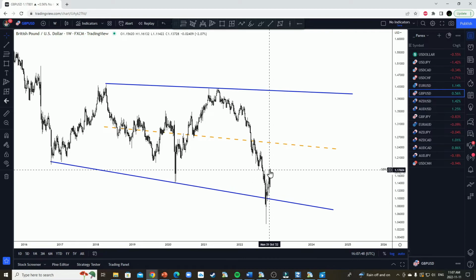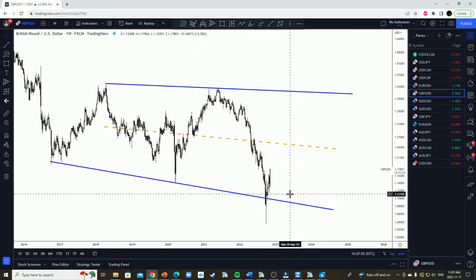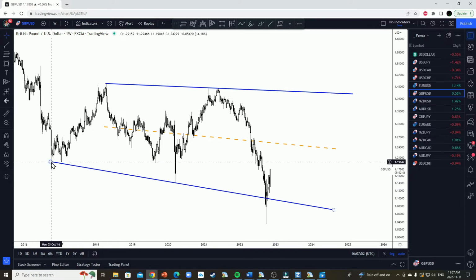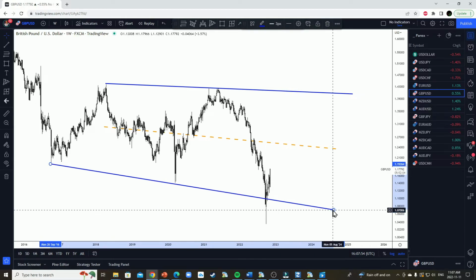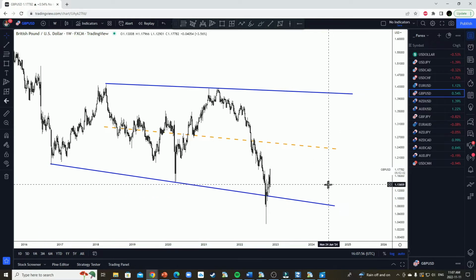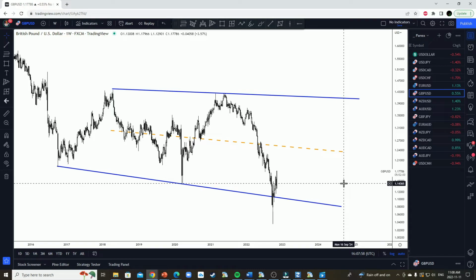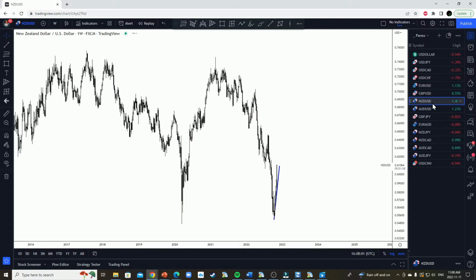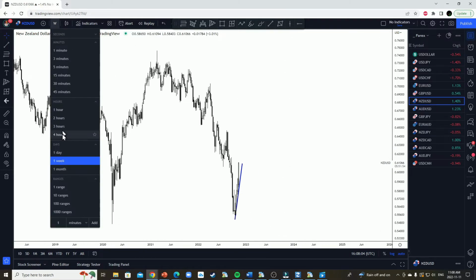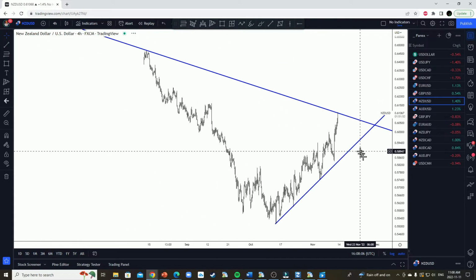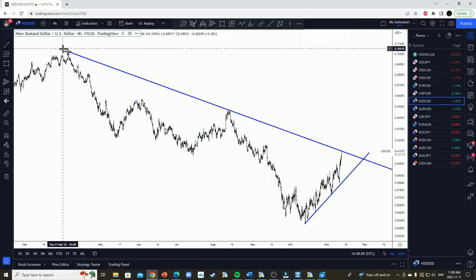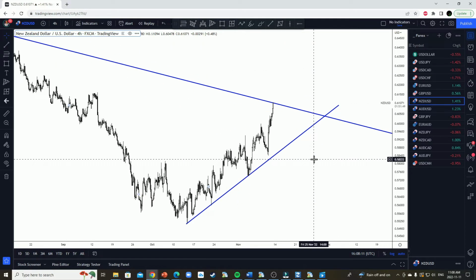Right now it's after a big white candle, so I don't trade like that. I just wait for some type of reaction. So I'll wait. New Zealand USD. So right now it's at this trend line, so it's a bit sketchy.